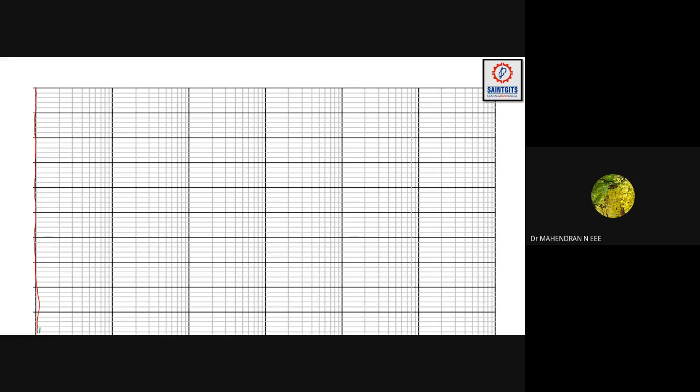So here, for your understanding, I'm taking two different graphs. First one, the magnitude plot: log omega scale, and this is gain in dB.